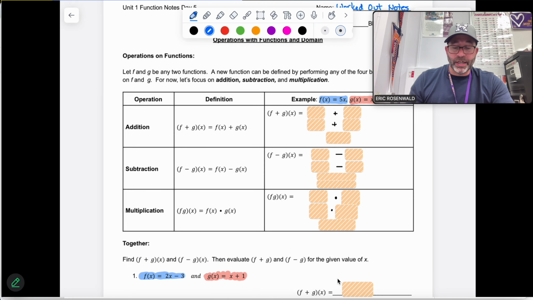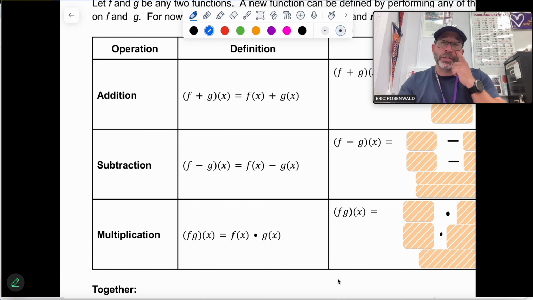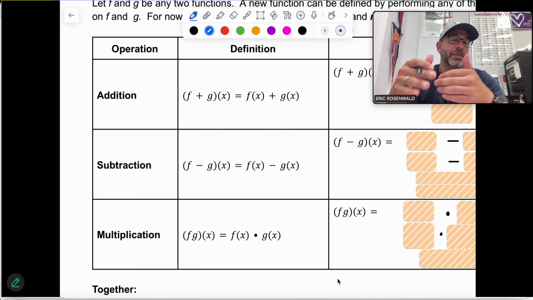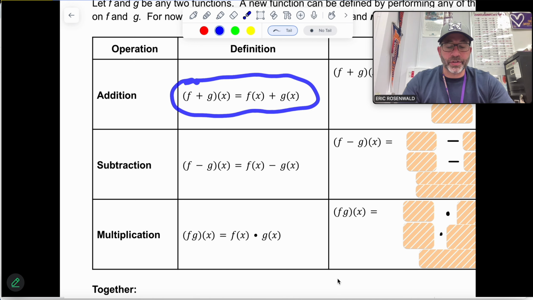We're going to be working on function operations, and the three main ones we're going to work on are addition, subtraction, and multiplication. When we have two different functions taking place, we're adding them together, and it's going to look like f plus g of x, which means we're doing f of x and adding g of x to it.